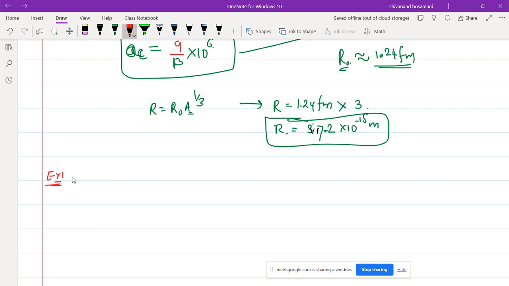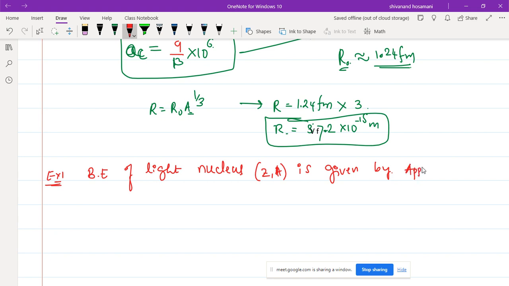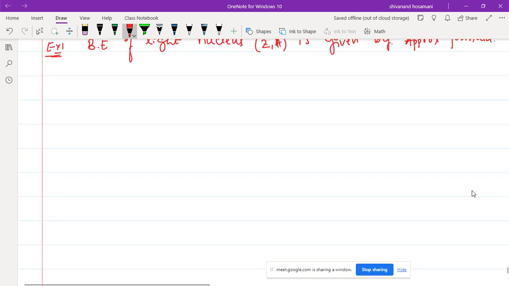The binding energy of a light nucleus of Z with A is given by an approximate formula, that is nothing but the semi-empirical mass formula.